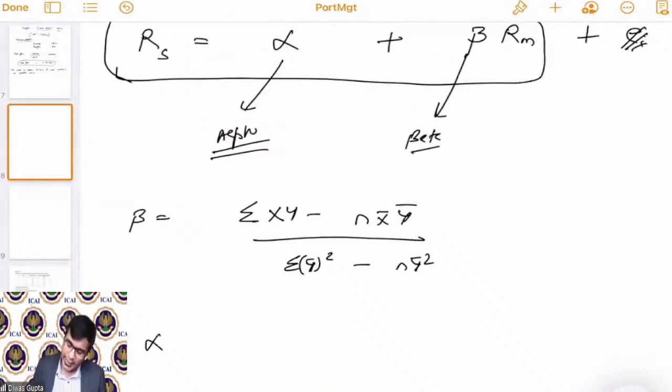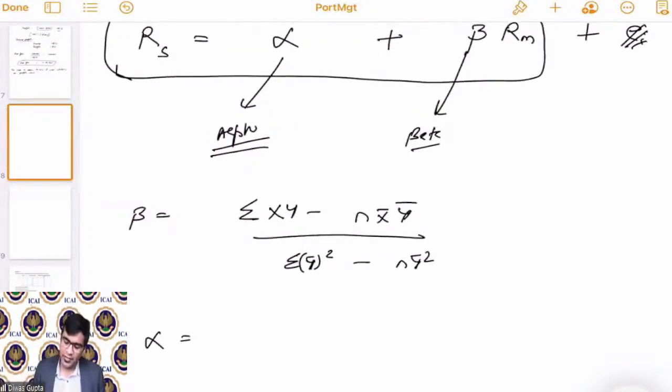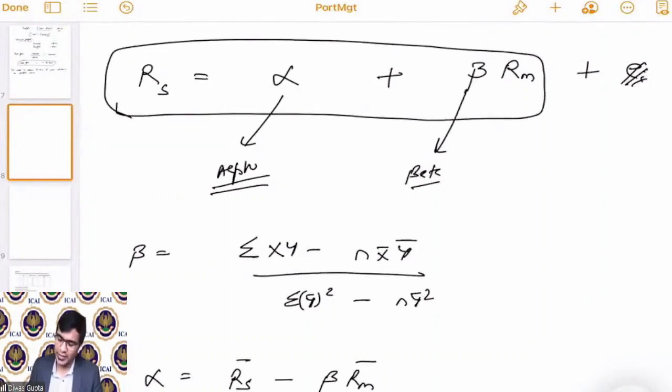And for calculating the alpha, if you are already given the return on securities, we can take the average return on the security minus beta times the RM average, which is the market return average. I have kept alpha on this side and reduced the return on security by beta RM.